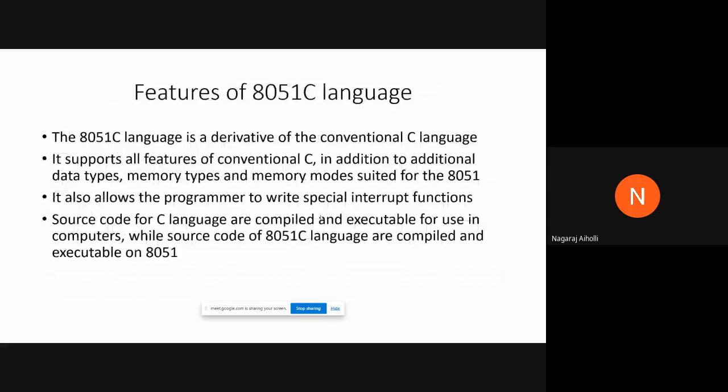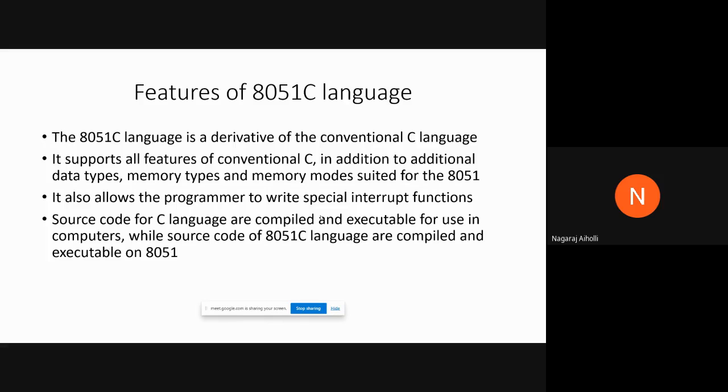What are the features of 8051 C language? This 8051 C language is a derivative of the conventional C language. Derivative means the original C language, whatever is existing, right? This 8051 C has been derived from the original C language. It has all the data types of the conventional C language.